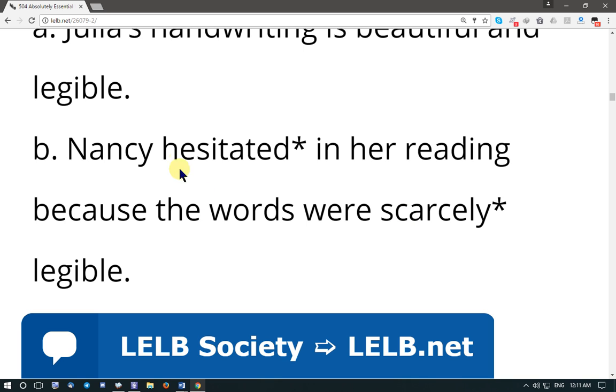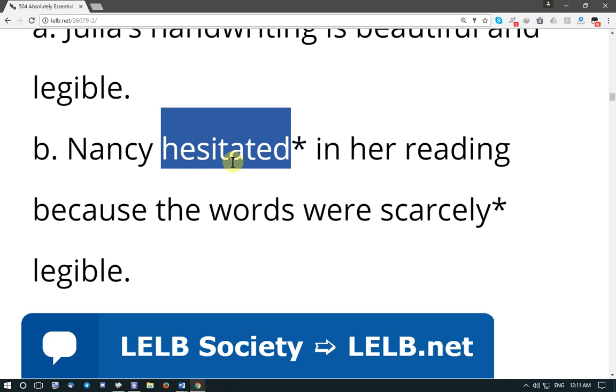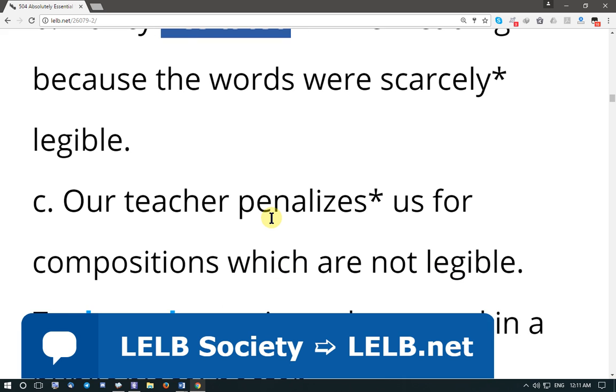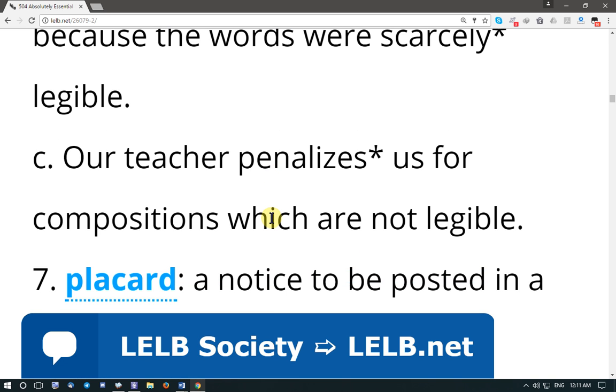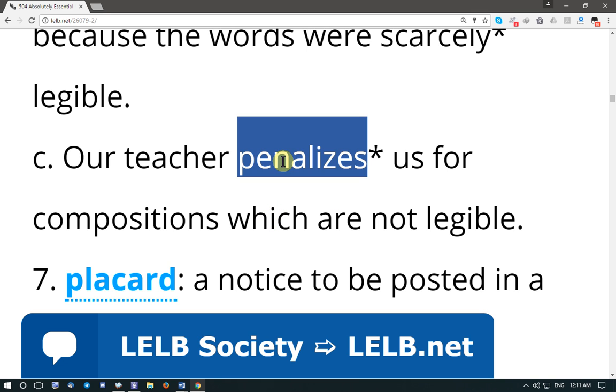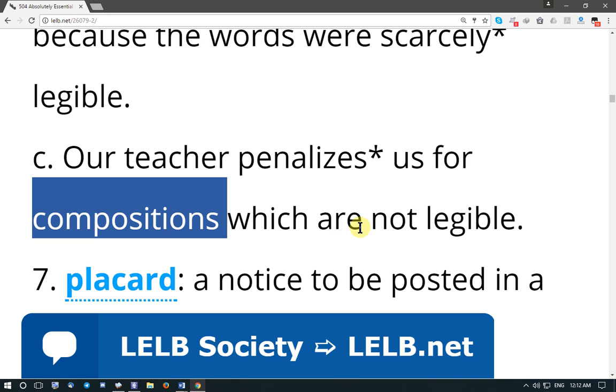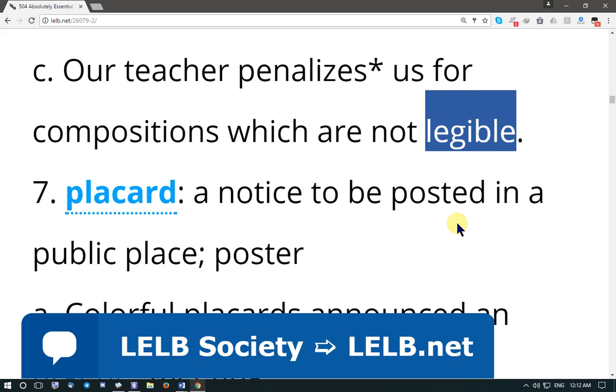Okay, that's why Nancy hesitated or was so slow at reading, because the words actually were almost illegible. Our teacher penalizes us for compositions which were not legible. Penalize means to give penalty or punishment, to punish. Punish us or criticize us severely for compositions or essays which were not legible.